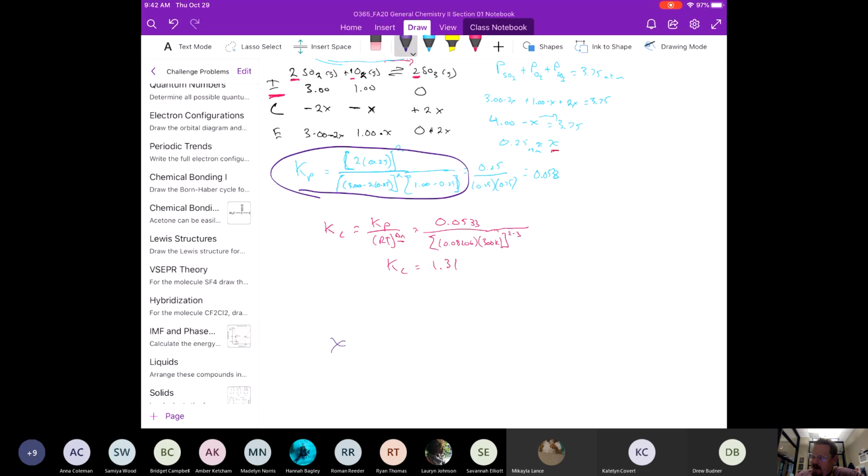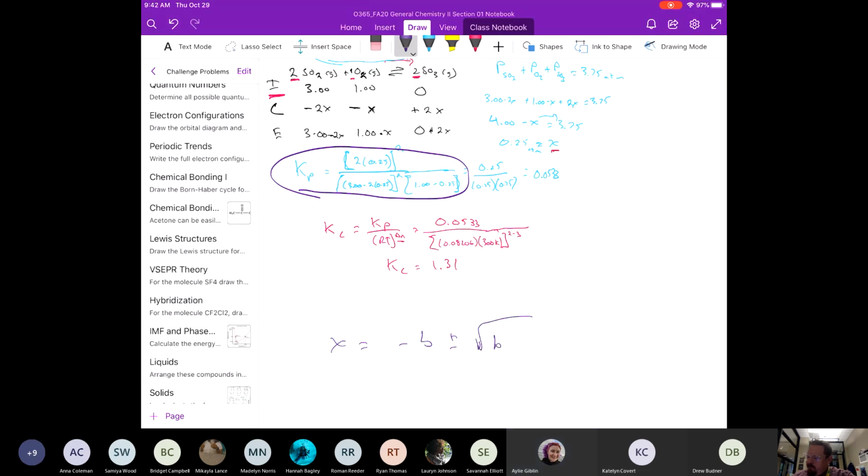X is equal to negative b plus or minus the square root of b squared minus 4ac, all over 2a.